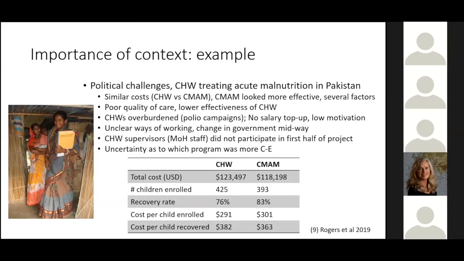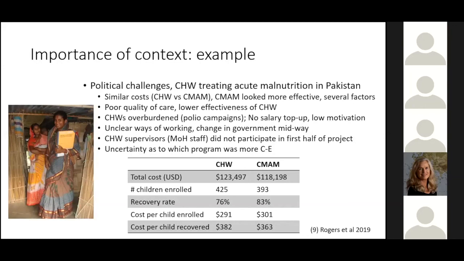These workers were overburdened. There was a polio campaign at the same time as the study, and they didn't get a salary top-up, as they usually did, in adding this new task of treating acute malnutrition to their workload, and this led to low motivation. There were also unclear ways of working between the NGO conducting the study and the government, since there was a change in government midway through the study.